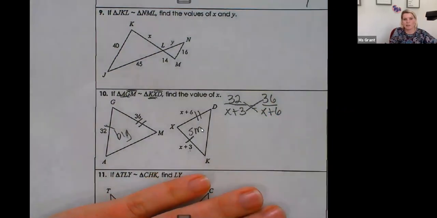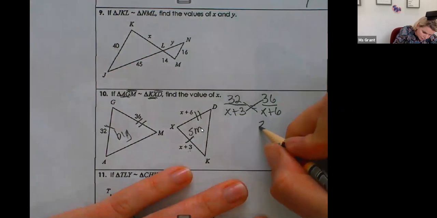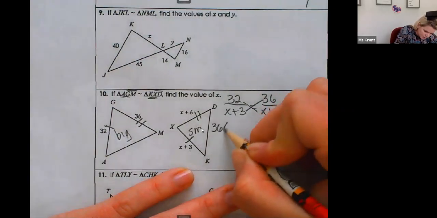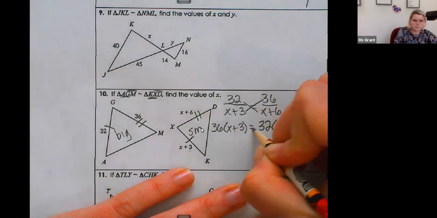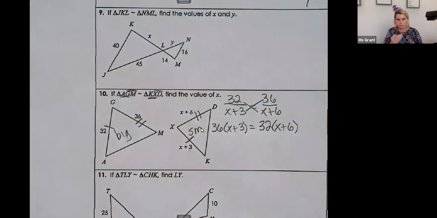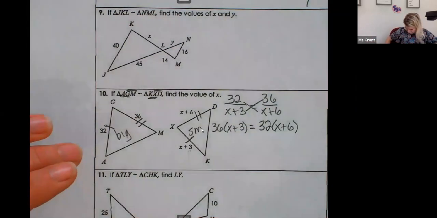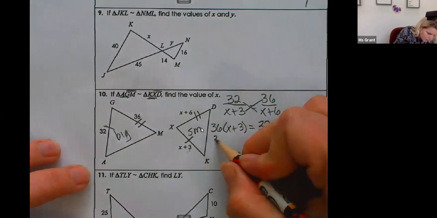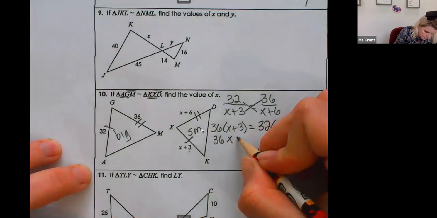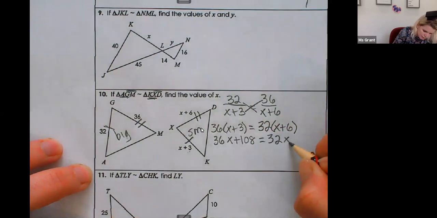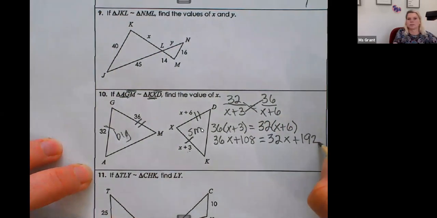So, cross multiply. I have to do the distributive property here. 32 times the quantity x plus 6, 36 times the quantity x plus 3. So work that out. 36x plus 108 equals 32x plus 192.